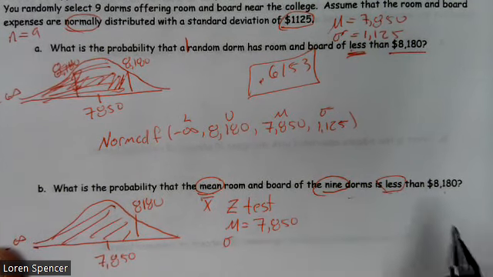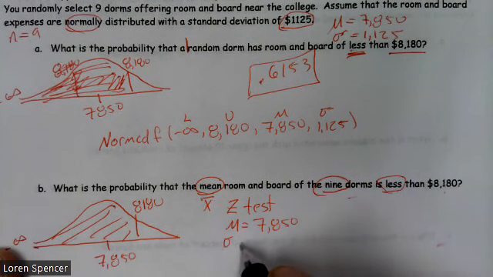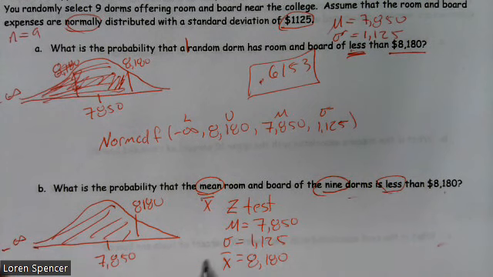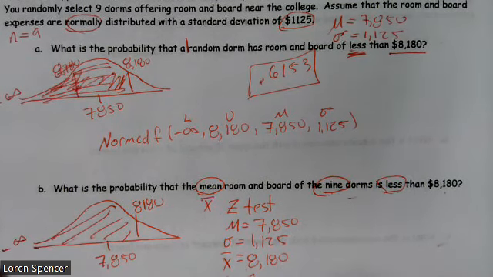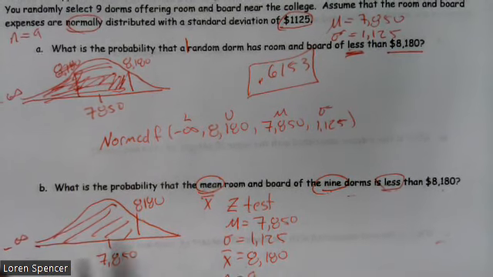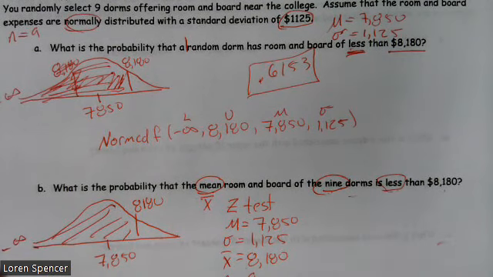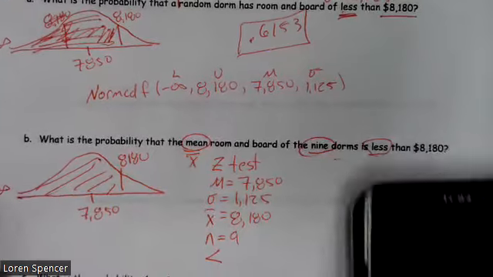Then the standard deviation, which is 1,125. Then our X bar, which in this case is 8,180. Then our sample size, which happens to be 9. And the last thing is the direction we're shading, and we're shading to the left. So we need a less than symbol.